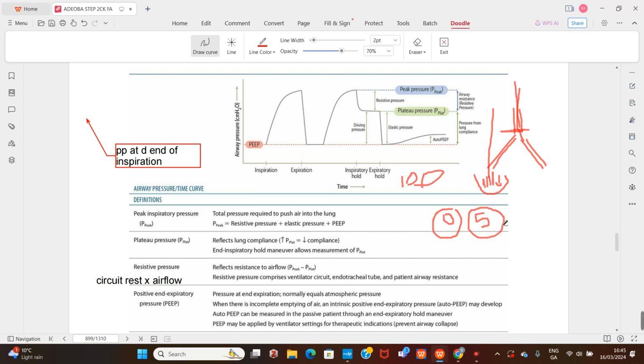When my PEEP is 5, there's a positive pressure of 5. When my PEEP is 0, there's a pressure of 0. Let's say the gradient from the atmospheric pressure is 10 millimeters of mercury. This is a very high gradient, so air can easily move in. I don't need much work. But here there's something like +5, so I need to work more to overcome this. I don't know if you get the analogy, because the gradient here is smaller than the gradient here.